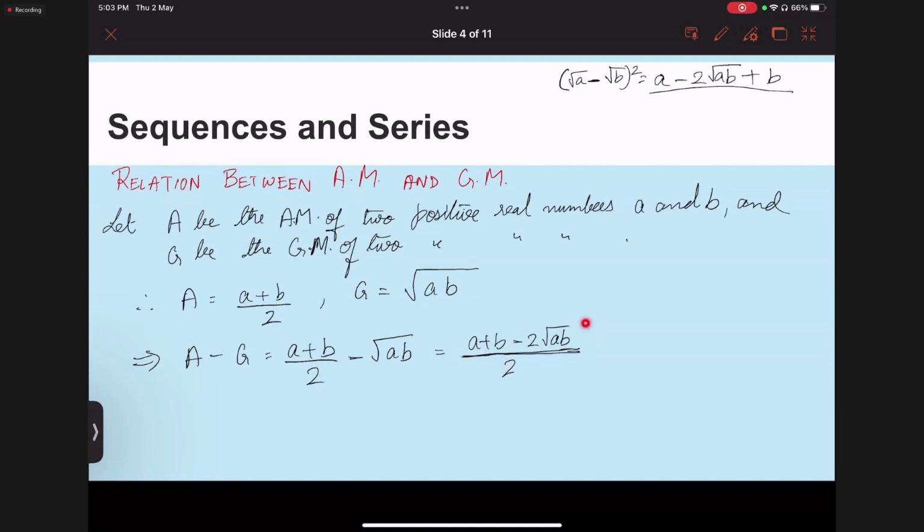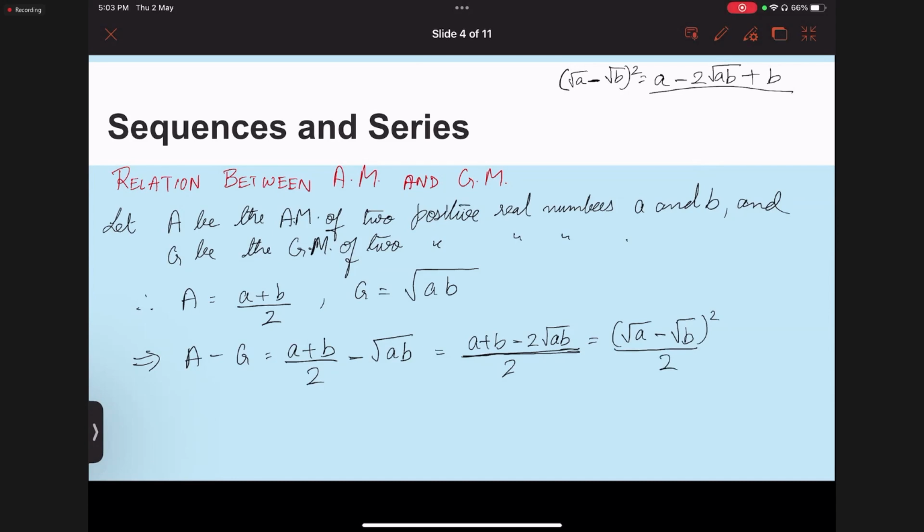Okay, so the numerator over here is the same as the expansion of root of a minus root of b, the whole square. So this you can then simplify as (root of a minus root of b) the whole square by 2. Okay, so this is what we get.